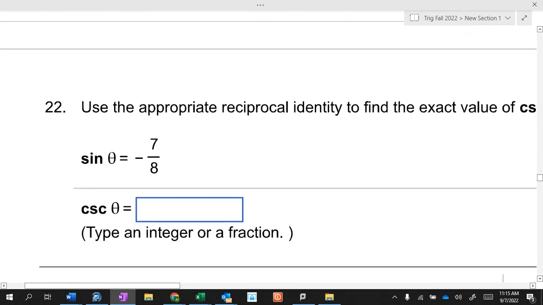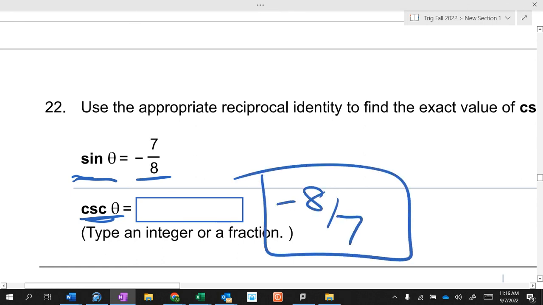Let's do one more. The sine of an angle equals negative 7/8. What would the cosecant of that angle be? Oh, no calculators on this one. No looking at the unit circle on this one. This is brain stuff. Maggie, explain it.